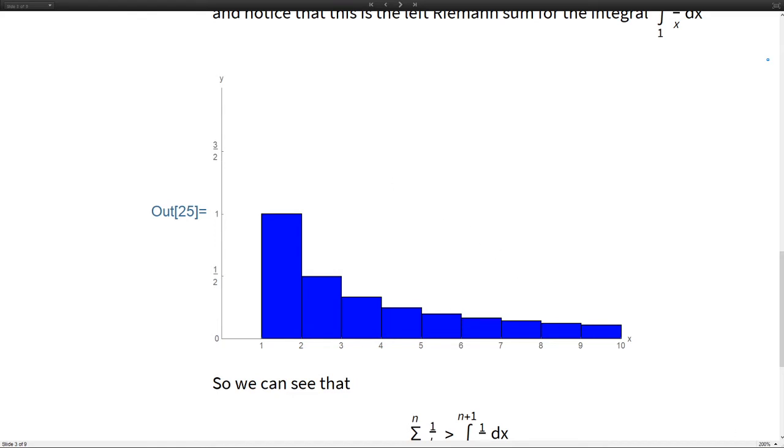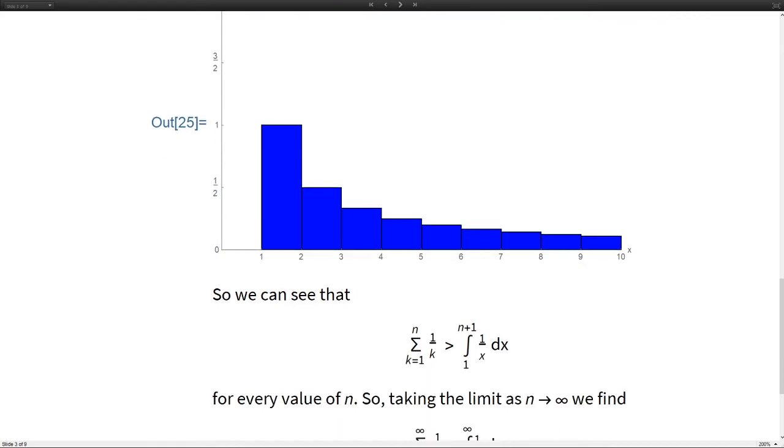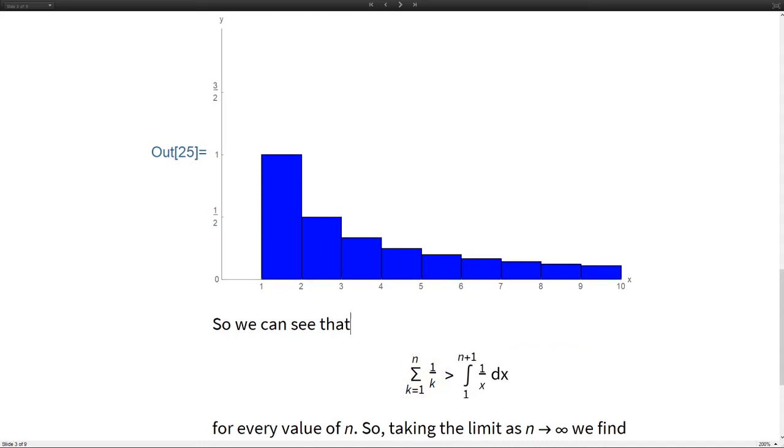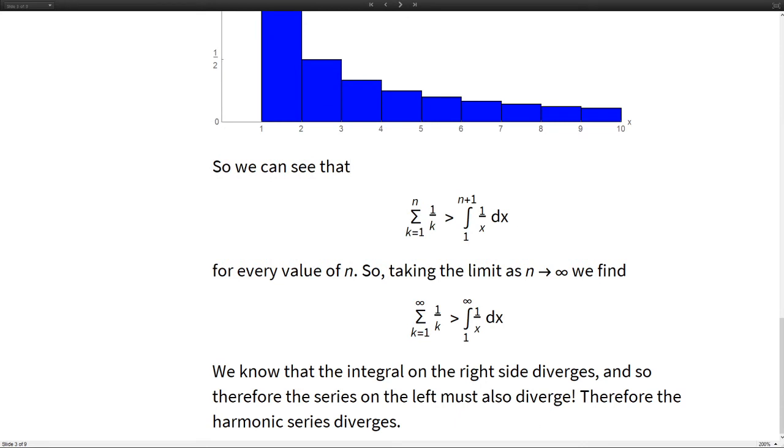And so, since it's an overestimate of the integral, we know that this left Riemann sum here is greater than this integral. All right? For every value of n, no matter what I pick, each of these rectangles is always a slight overestimate of the area that's added on. So if we take the limit as n goes to infinity, well, this is true.